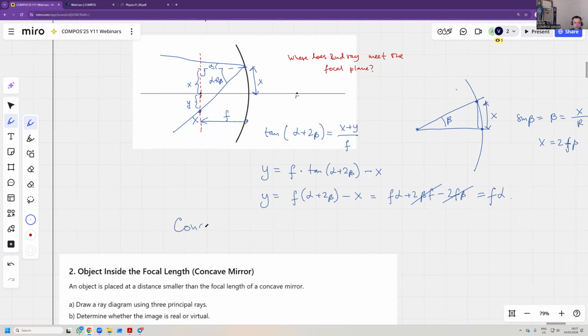So conclusion: any ray parallel to the first ray will cross the focal plane F alpha away. Right. Okay.